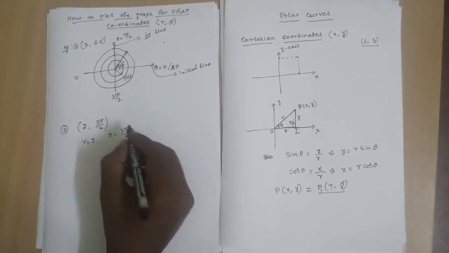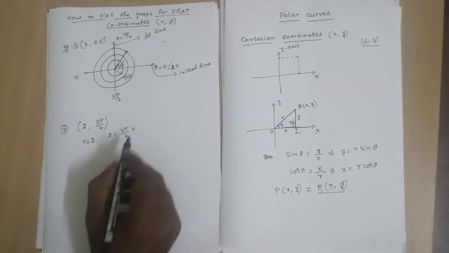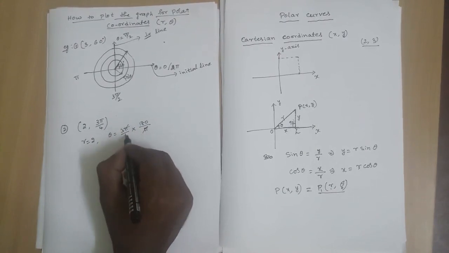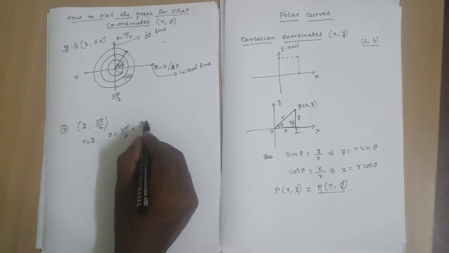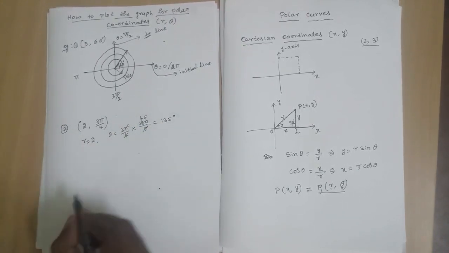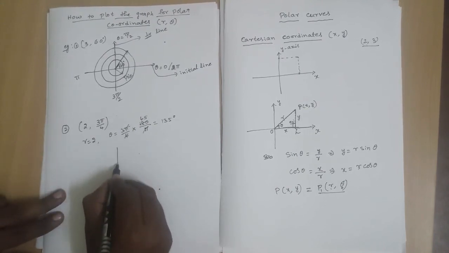You have to convert into degrees, so you multiply this by 180 divided by pi. The pi will get cancelled, and 4 into 45 is 180, so 180 by 4 is 45 degrees. If you multiply, you'll get 135 degrees. So what do you get now?